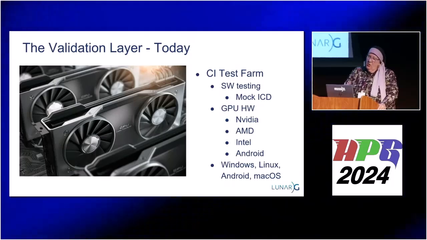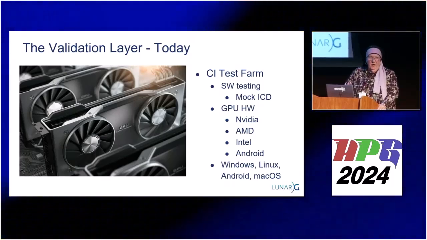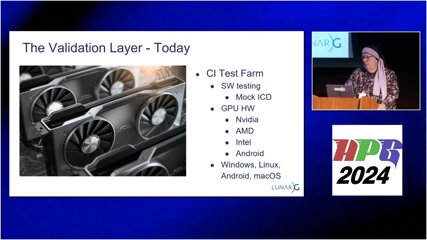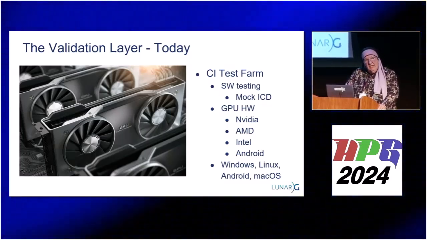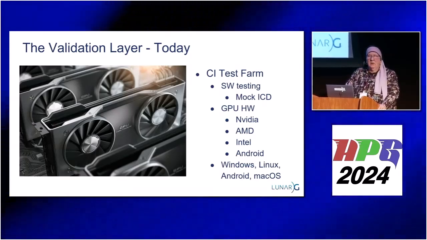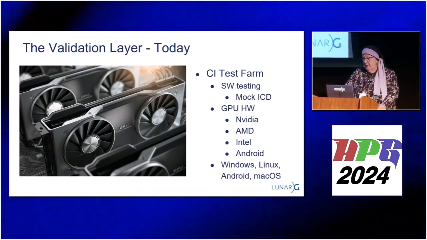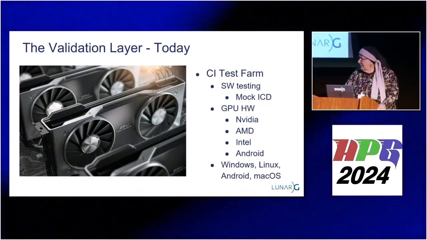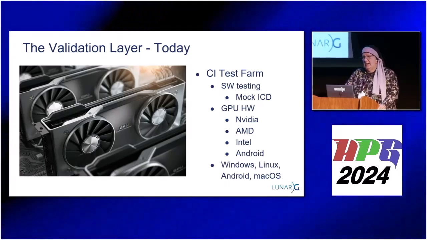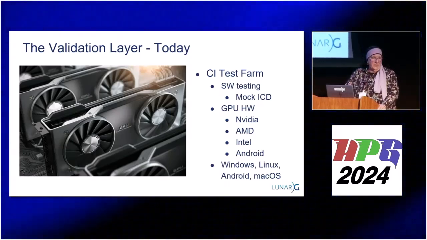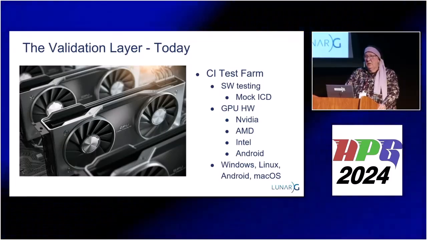So we have a CI test farm inside LunarG, and we can do much of the testing of the validation layer, for example, in software in the cloud, using the mock ICD. However, since more and more validation is moving into the GPU because of the bindless nature of the API, we have to have GPUs in our test center. And GPUs cause issues.